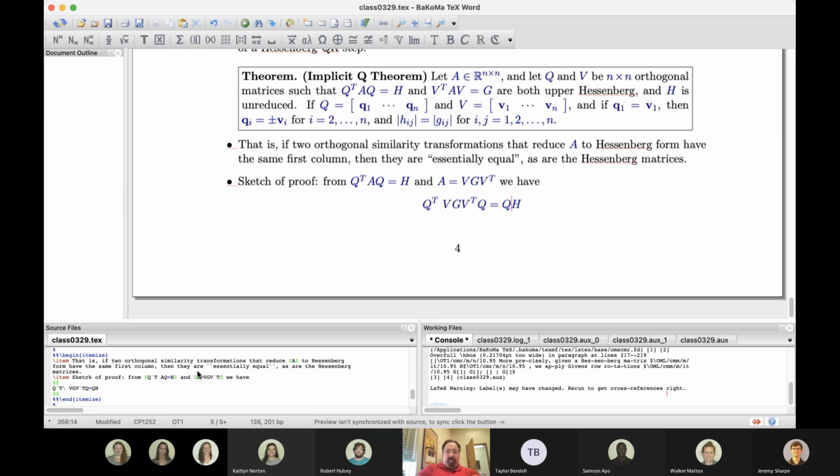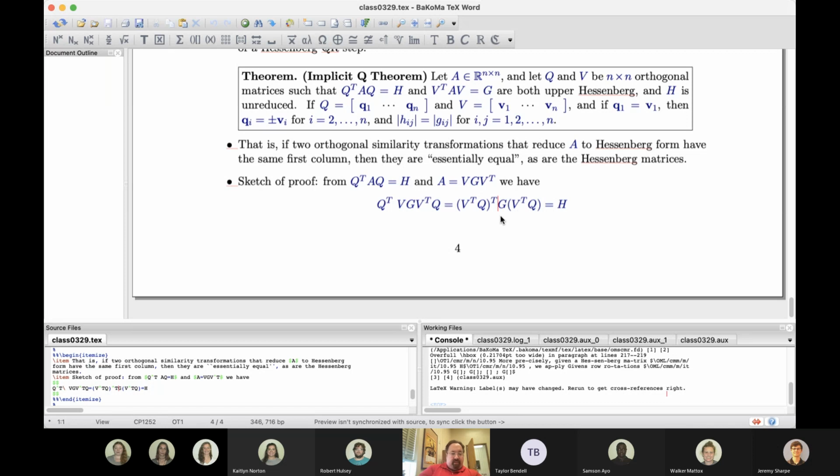What I can do is group these together, V transpose and Q. Then this right here is the same as V transpose Q transpose, from the oft-repeated property of a transpose: the transpose of a product is the product of transposes in reverse order.